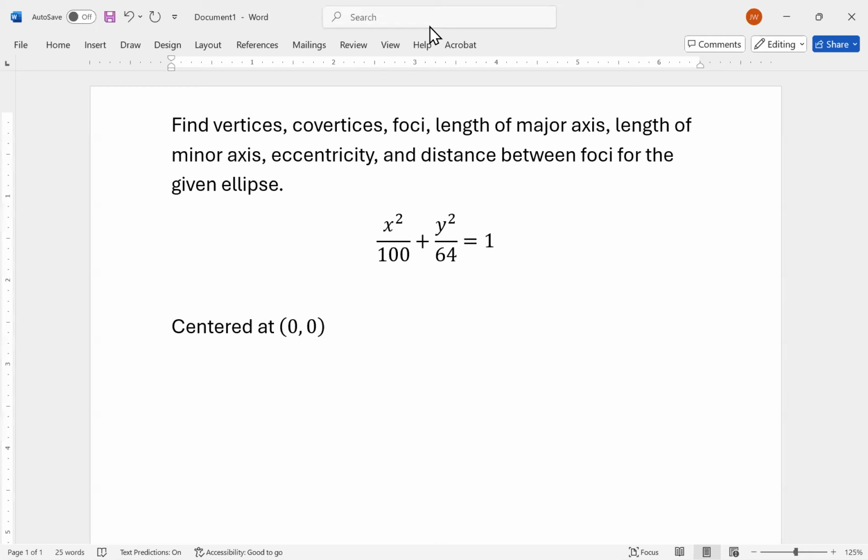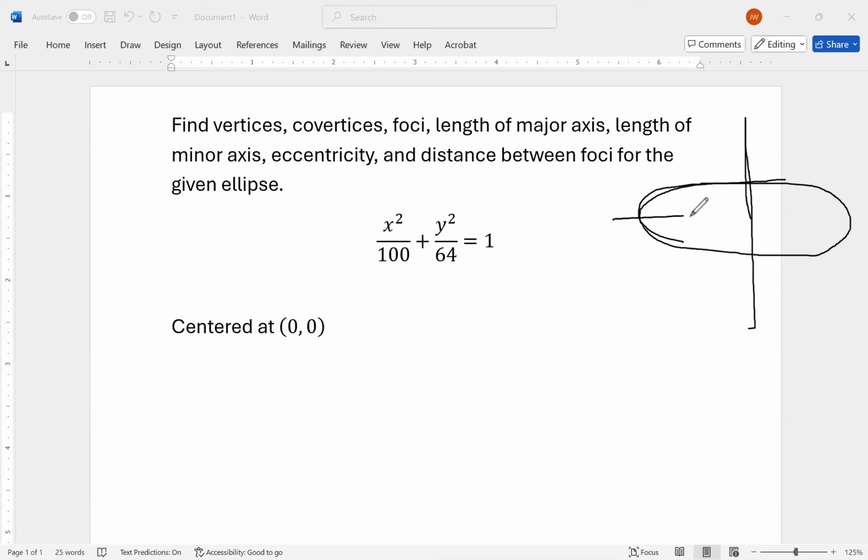And because there is a bigger number underneath the x squared, we know that this ellipse is going to be stretched out more in the x direction than it is going to be stretched out in the y direction. I'll make that really long there. Again, I'm just doing a very crude drawing over here.